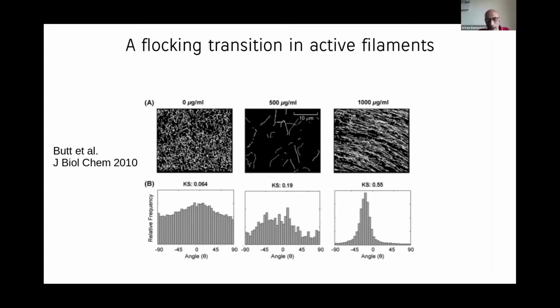And what do you find at low concentration? Random. Higher concentration, you start to move coherently, and at very high concentrations, you form order. And this is the orientational distribution, which is broad and consistent with isotropic, and it goes to perfectly oriented. So this is a flocking transition in active filaments.